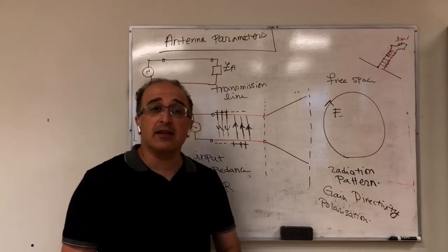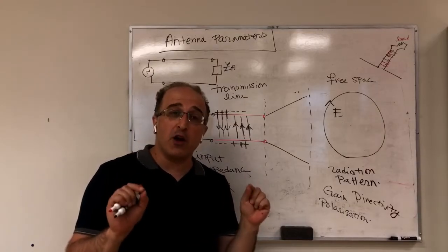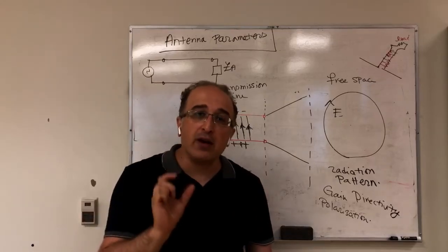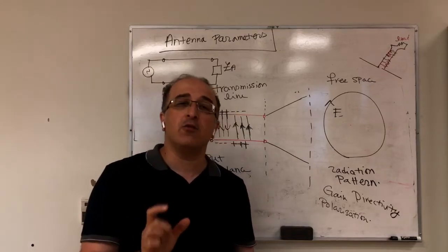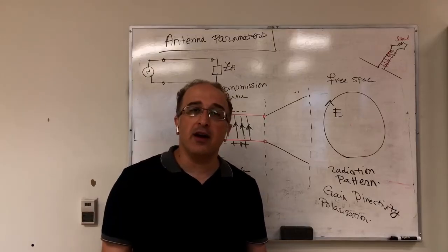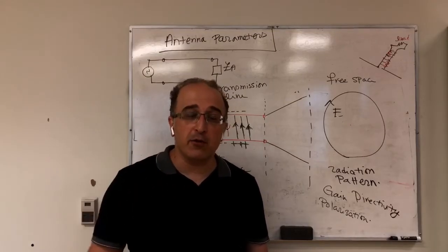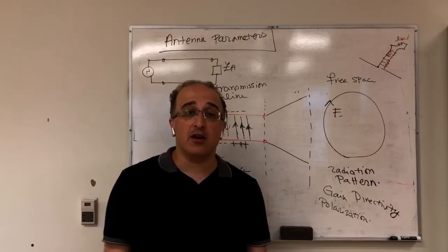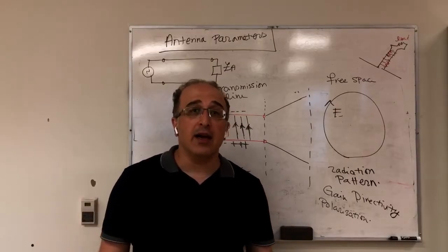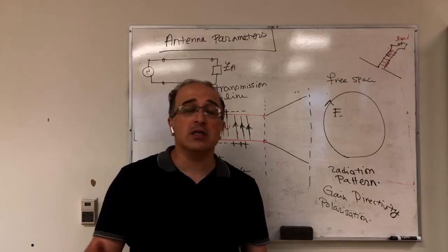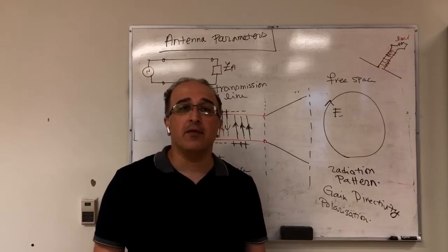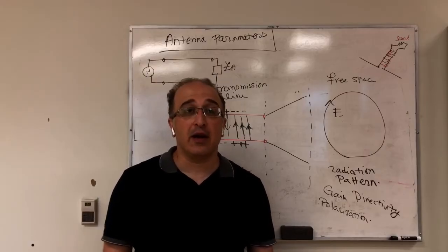After we're done with antenna parameters, I'm going to go through a couple of mathematical things to get to one important equation. And based on that equation, I'm going to justify our design philosophy for antenna. And then we're going to go over different antenna types like dipoles, loops, monopoles, microstrip antenna, horn antenna, reflector antennas, and so on.